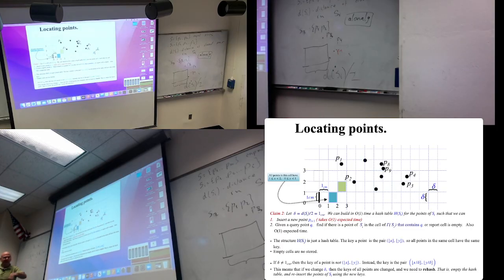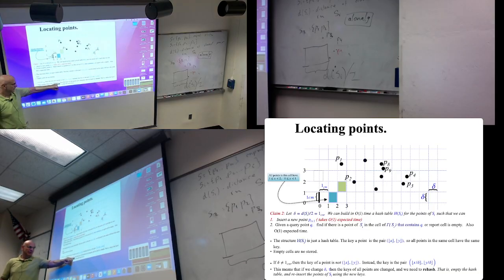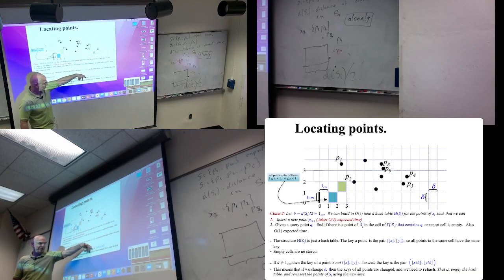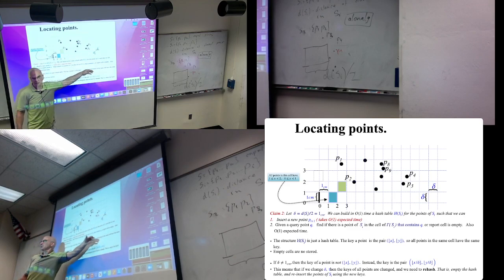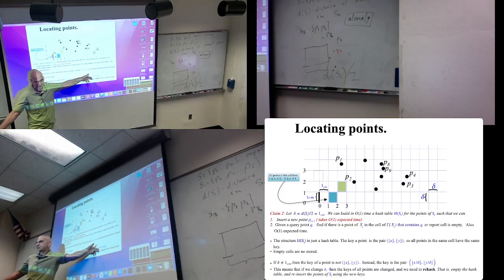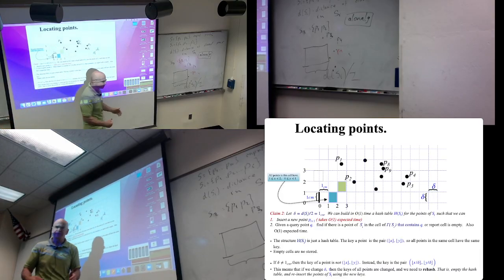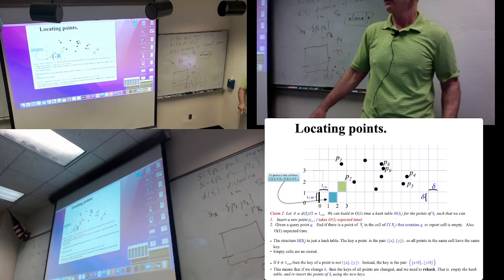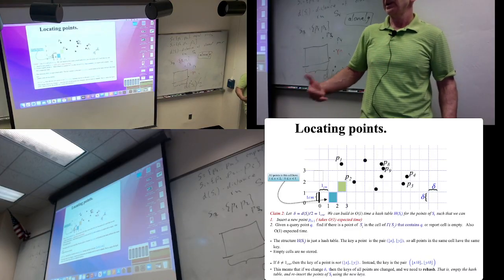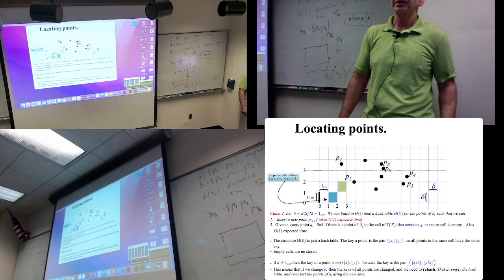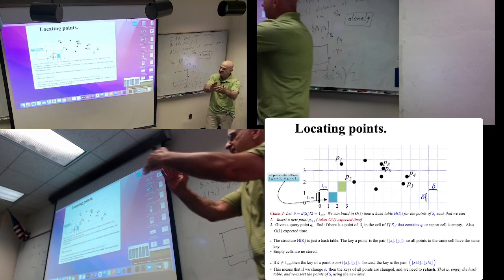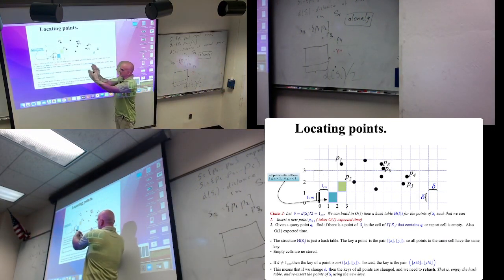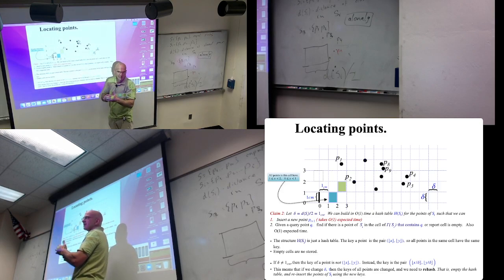So if delta was changed, then the keys of all the points are changed, and we need to rehash, that is, to recompute the hash function of each and every point of Si plus 1, because I added a point, and we insert all these points. Just a process that, as you probably have seen in 345, is called rehashing. Take everything from the hash table and reinsert it with a new hash function. By the way, if you are using the dynamic tables technique, then you can use this opportunity to double the hash table if needed.